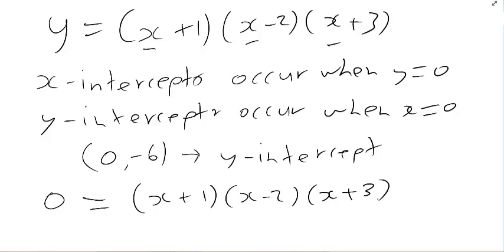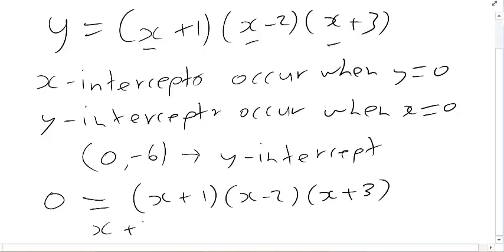To get an answer of 0 when these factors are multiplied together, 1, 2 or 3 of them must be 0. So our x-intercepts occur when x plus 1 equals 0, or x minus 2 equals 0, or x plus 3 equals 0.